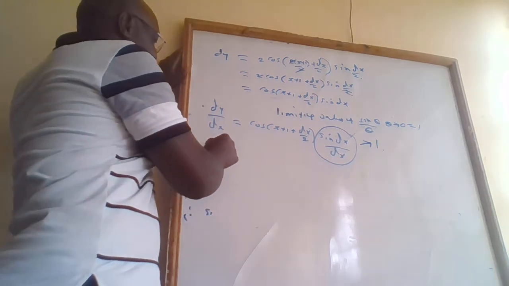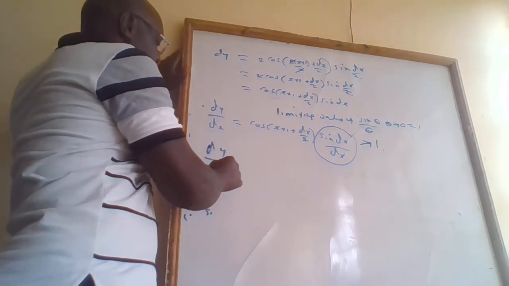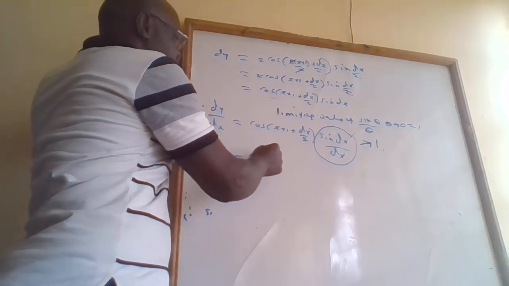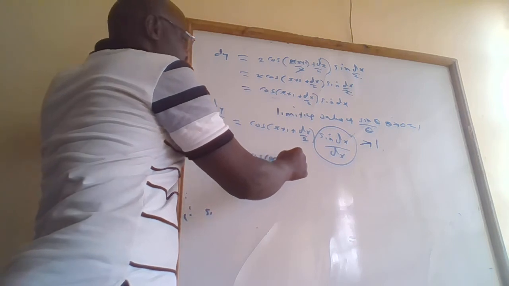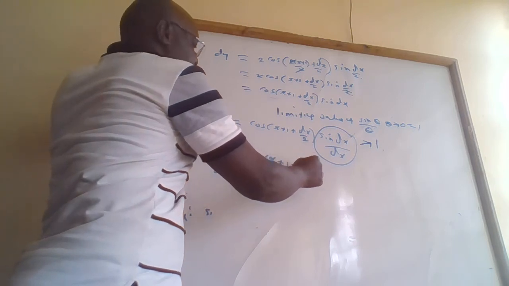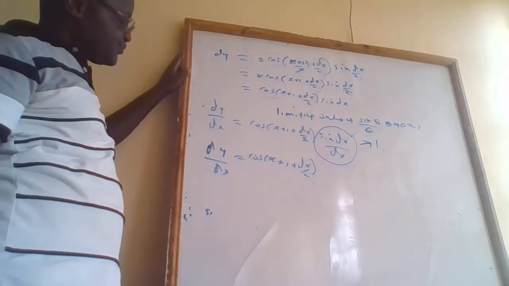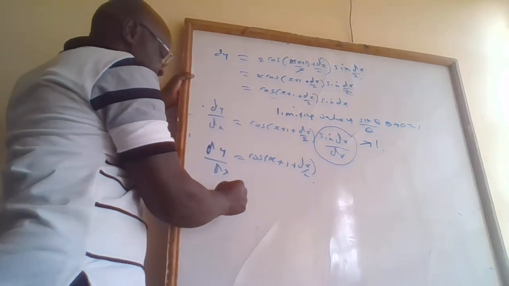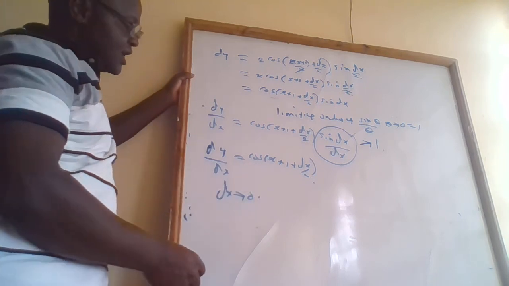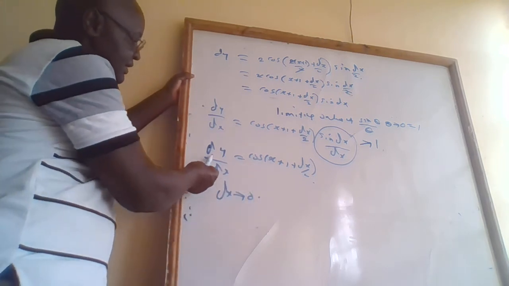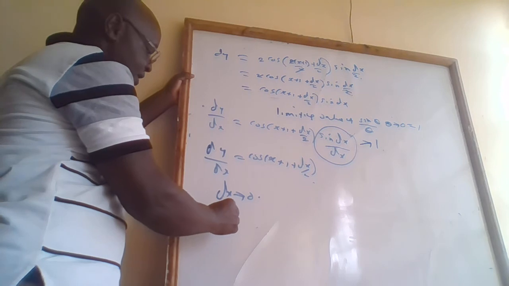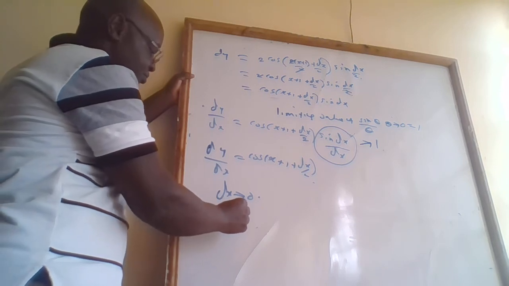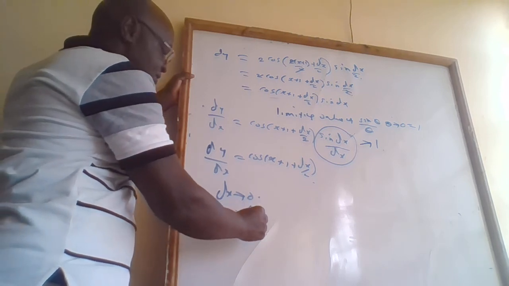Therefore, we have del y over del x equals cos of (x plus 1 plus del x over 2). Now, in the process when del x approaches 0, del y over del x will approach dy dx.